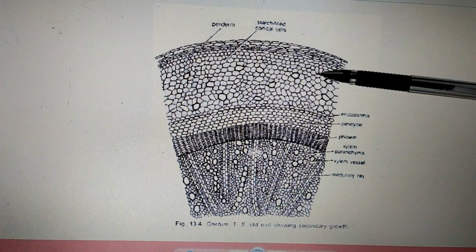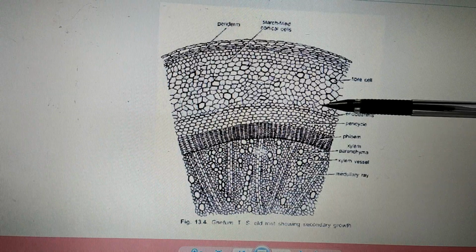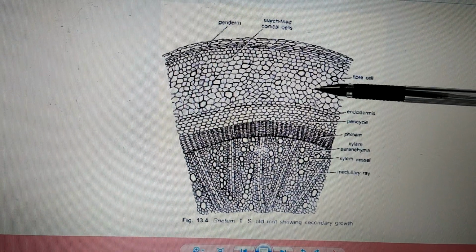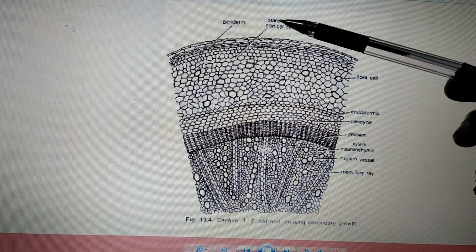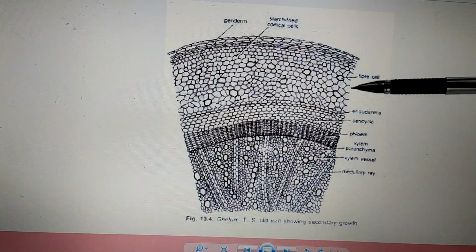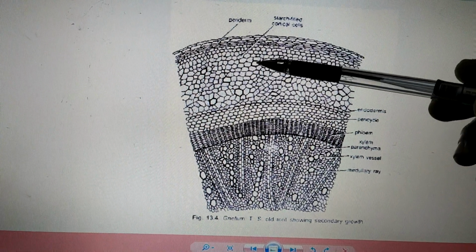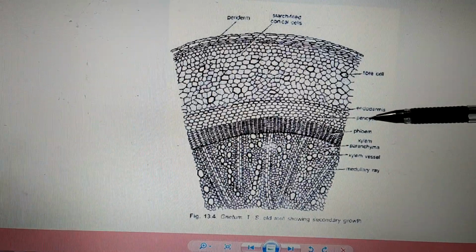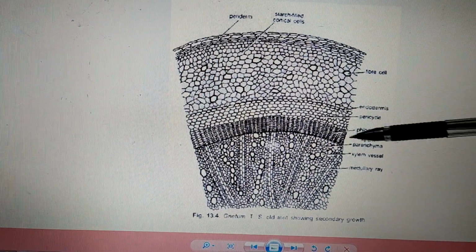So this is the extrastellar secondary growth, and this will be the multi-layered cortex having polygonal shaped parenchymatous cells which are usually filled with starch. Apart from that we have these thick and lignified fiber cells, endodermis followed by a pericycle.